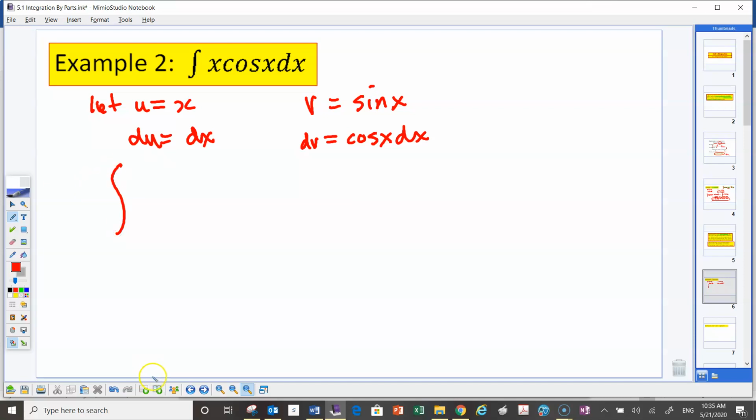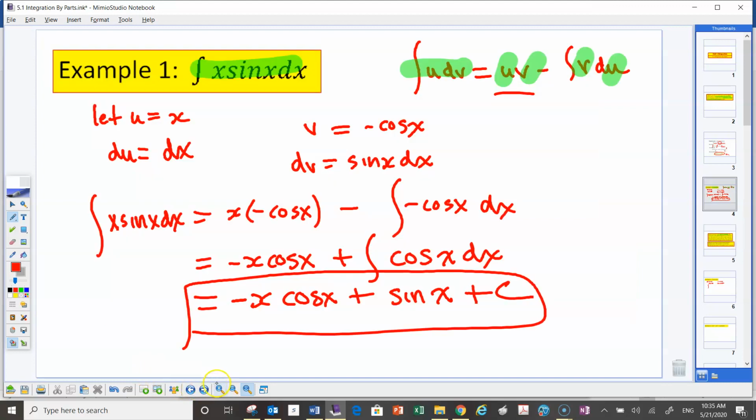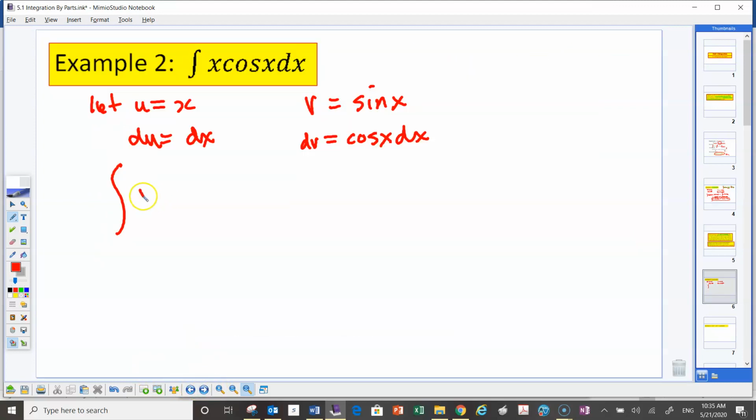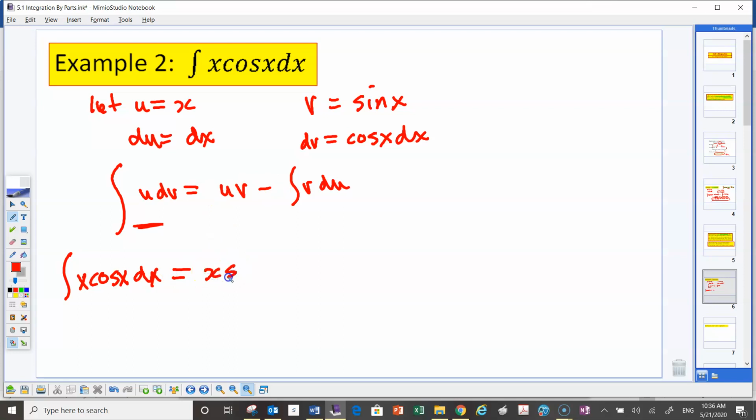So again, I have my formula. So it's the integral of u dv is equal to uv minus the integral of v du. So again, this is my original question. So the integral of x cos x dx equals u times v, which would be x times sine x minus the integral of v, which is sine x, du is dx.